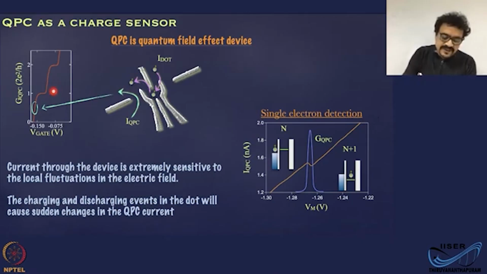And between the plateaus in the conductance, the current through the device changes very sharply. What that means is the device is extremely sensitive to local fluctuations in the electric field if you were around any of these steep regions between the plateaus.